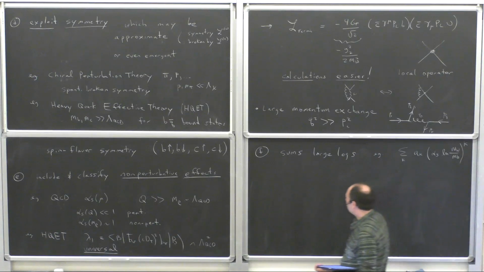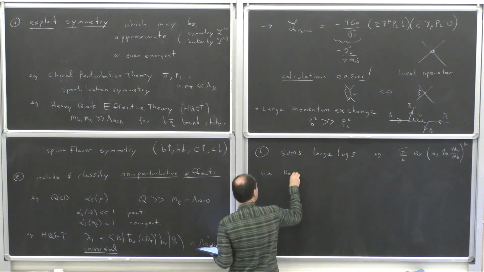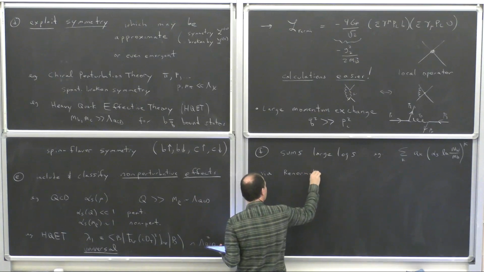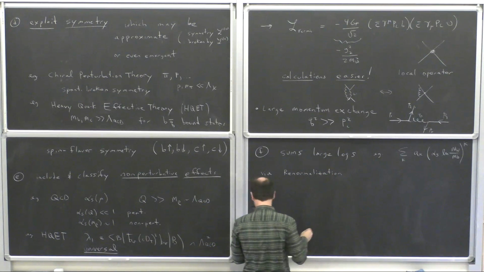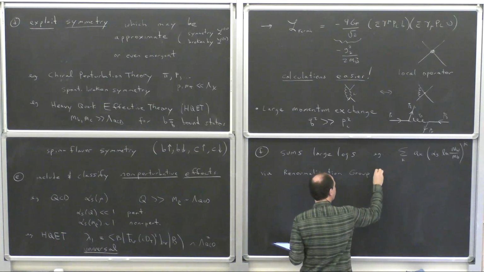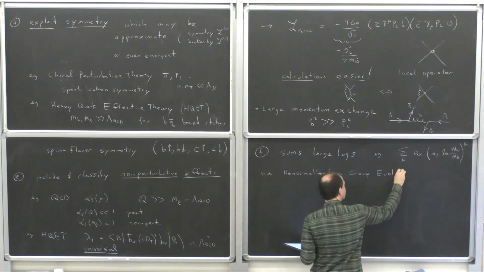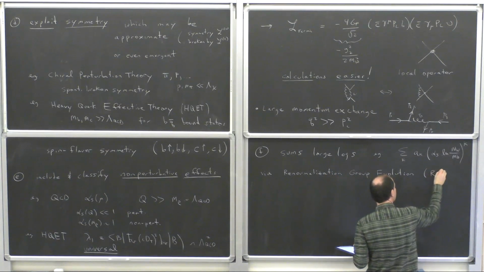And the way that that happens is very natural. It's by the renormalization of the effective theory. It sort of automatically handles these logarithms, or more technically, you could say it's because of the renormalization group evolution. So renormalization and renormalization group are connected concepts.